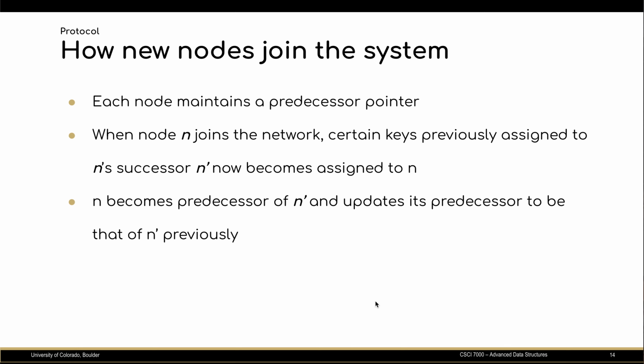We also need to update the predecessor, which was the predecessor of n prime before. We have to inform the predecessor of n prime that n has become its successor. So the idea is similar to a linked list. We update the pointers whenever we add a node between two nodes.